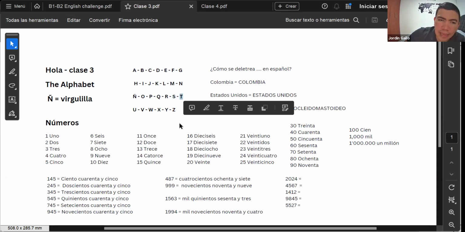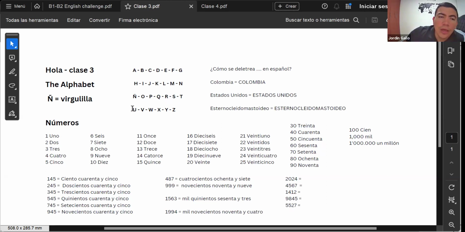S, T. Perdón, S, T. Then again, Ñ, O, P, Q, R, S, T. Aquí tenemos U, V, W, X, Y, Z. So when we want to spell, because sometimes we don't know how to spell the words in English or in Spanish, we use the alphabet.